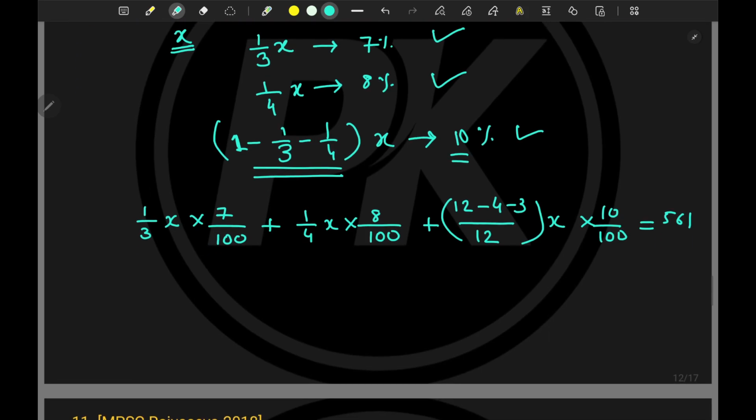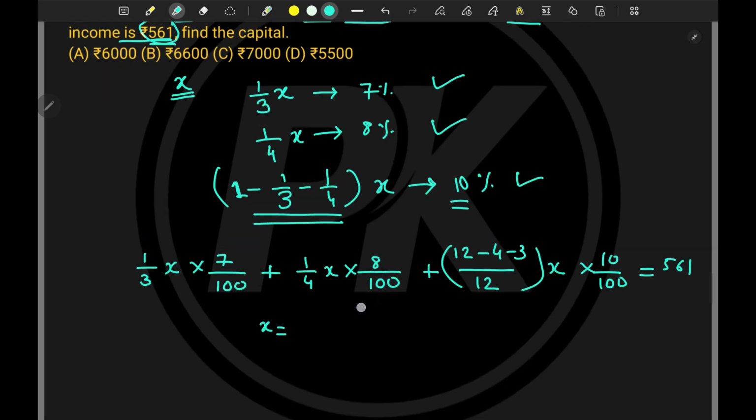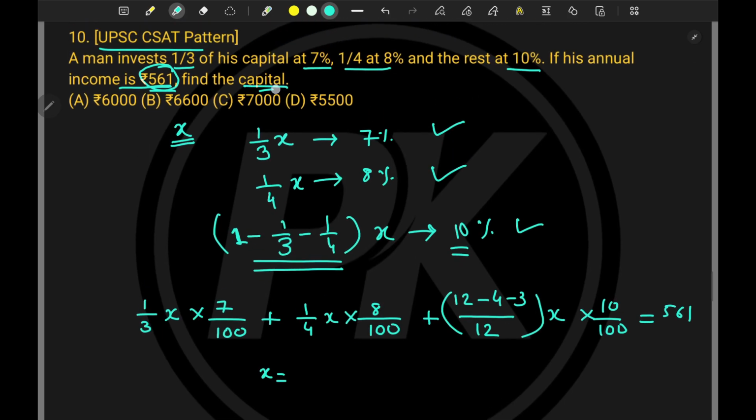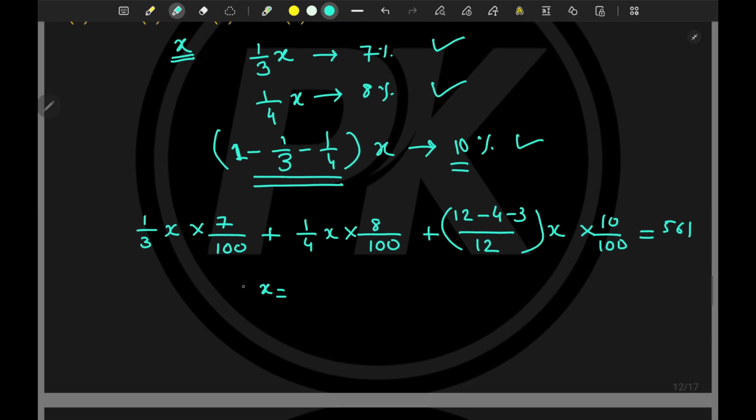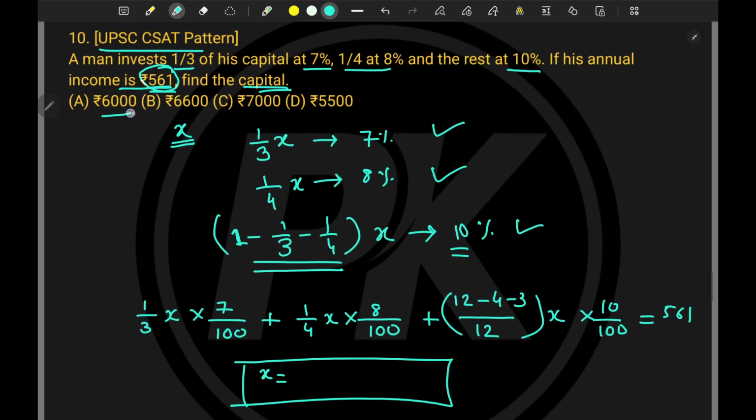We just have to solve this equation, and this X, which we considered as the total capital, is the answer of this question. Now you have to comment what is the answer of this problem. Okay, let's do that.